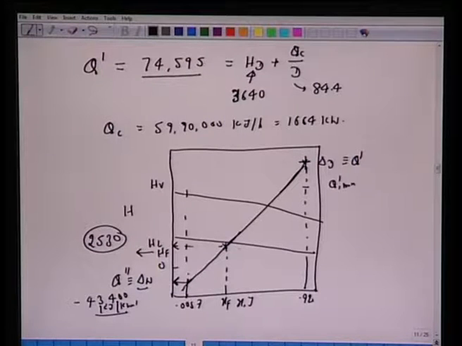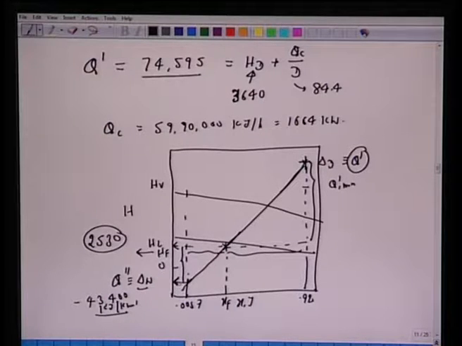In other words, one can also make use of this enthalpy calculations. Since we know the enthalpy here, this divided by this will be same as this ratios. So from this also one can calculate Q dash. So the idea is that either we read the graph correctly for Q dash, or we calculate from the relation which we have.